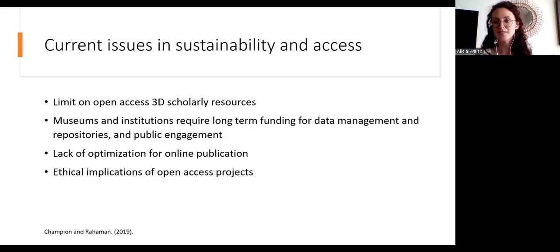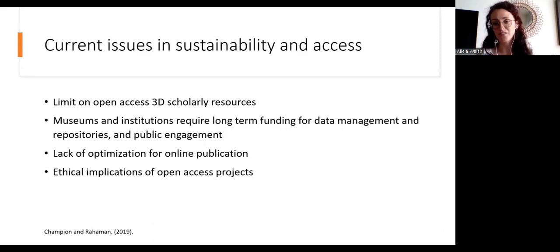And a reason for this is because institutions and researchers require funding and facilities for exhibition, digitization, and long-term archiving. They also require continual funding for new technologies or the time it takes to train staff or teach the public how to best interact with these technologies. Another problem is that the way that 3D models are published online can cause issues in accessibility.